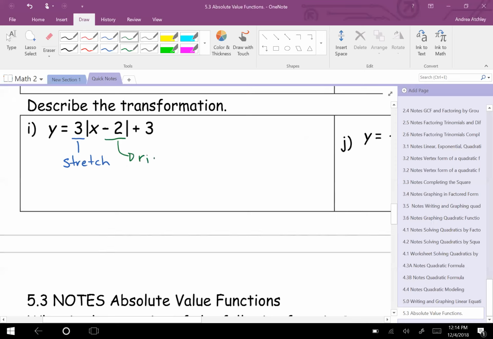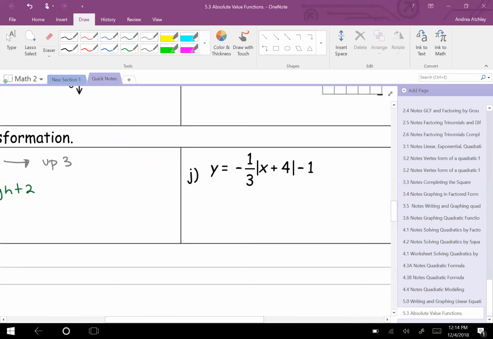It's the opposite of what we think. And the 3 is the K value, which tells me about the Y. It's positive, so it moves up 3. Any questions over that? Okay, do the next one.